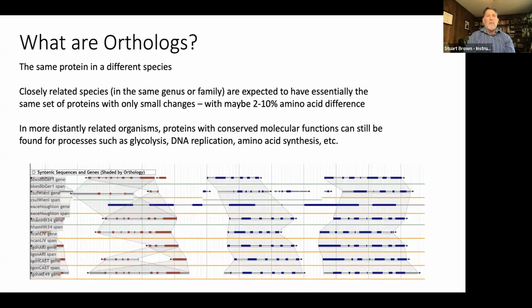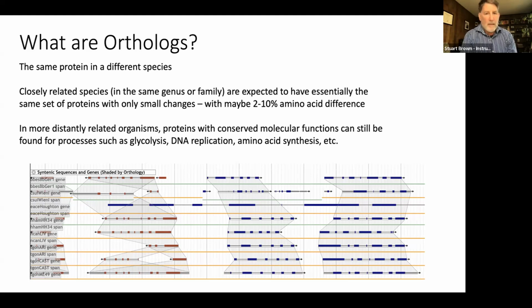Okay, just a little background. We've seen the synteny plots before, and just in general, what are we talking about when we talk about orthologs? The simplest definition I have come to is that orthologs are the same protein in a different species.